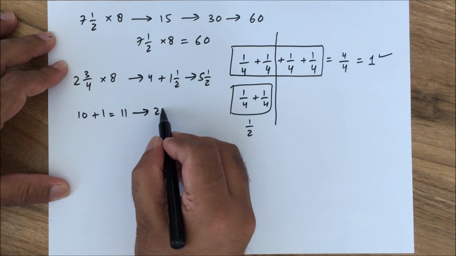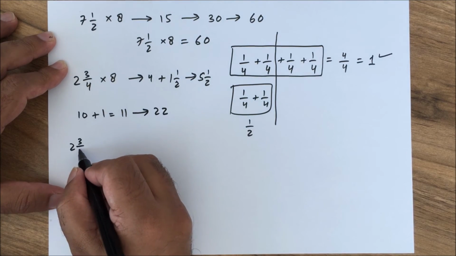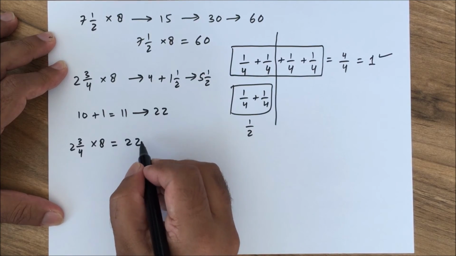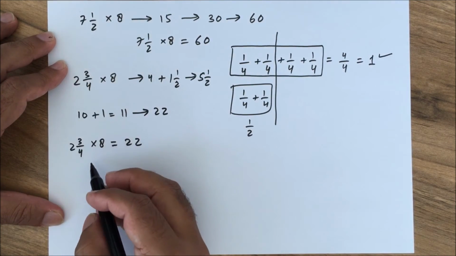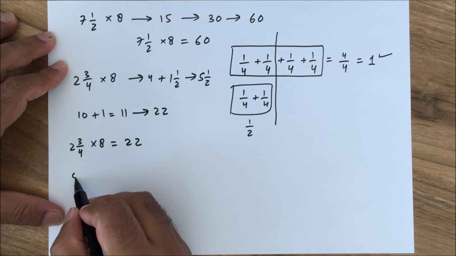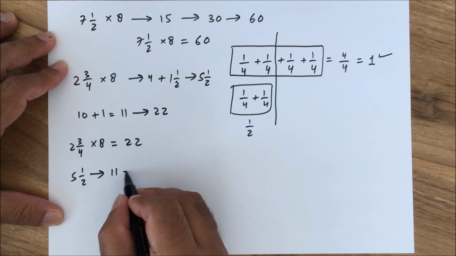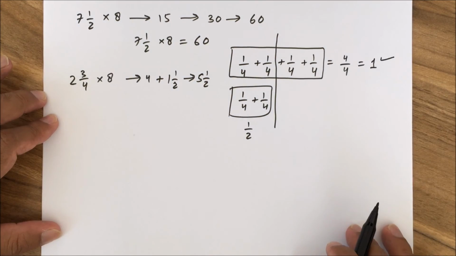Then double of 11 is 22. So 2 and 3/4 times 8 is equal to 22. We double 2 and 3/4 to make it 5.5, then double 5.5 to make it 11, and double 11 to make it 22, like that. Do this practice.